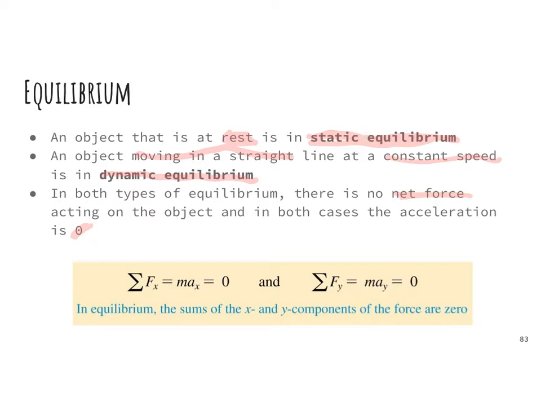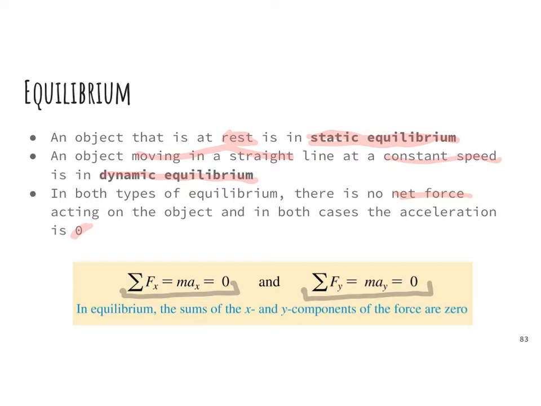It just means that the object is not accelerating, because as we've talked about over and over again, forces cause acceleration. So I do have a couple formulas for this. The sum of the forces in the x direction equals mass times acceleration. That's from Newton's second law, and that equals zero because there is no acceleration. And the sum of the forces in the y direction, same thing, also equals zero.